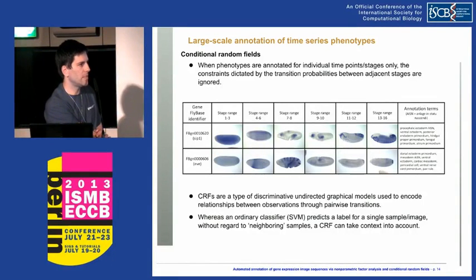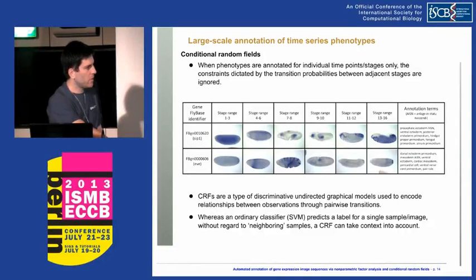We still wanted to use the same sparse features, but on top of that, we wanted to use some transitional information that we had access to. So we came up with this conditional random field model, which is different from an ordinary classifier like an SVM in that it predicts a label regarding the neighboring samples, in other words, it takes context into account.